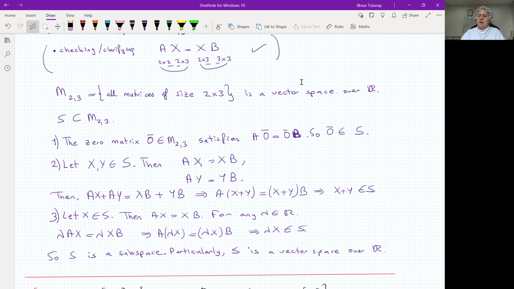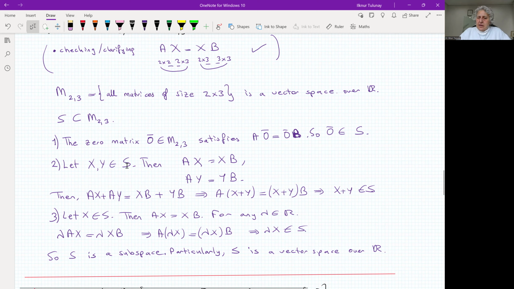Good, that's a tick. Now the second axiom, we take 2 matrices, 2 elements in this S, and we would like to prove that the addition is inside S, closed under addition. That's what we would like to check now.